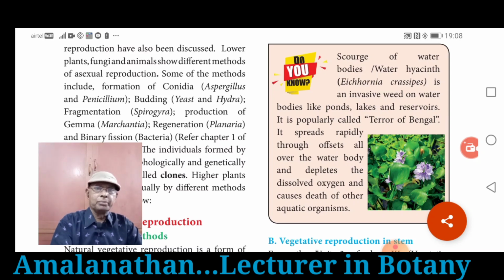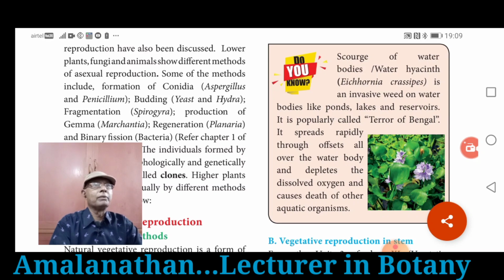Vegetative reproduction means that new organisms are produced by means of vegetative parts. In plants, when new plants are produced by means of root, stem or leaves, that is vegetative reproduction.